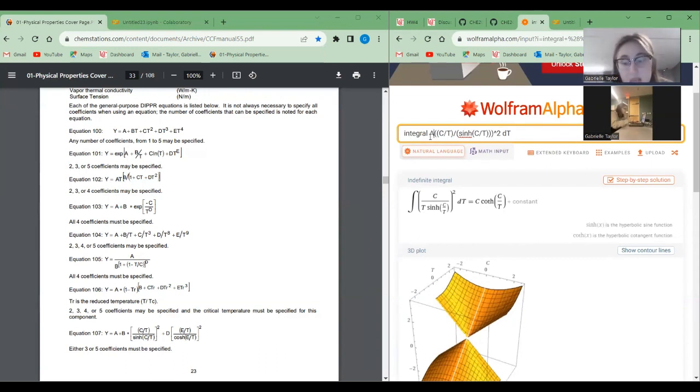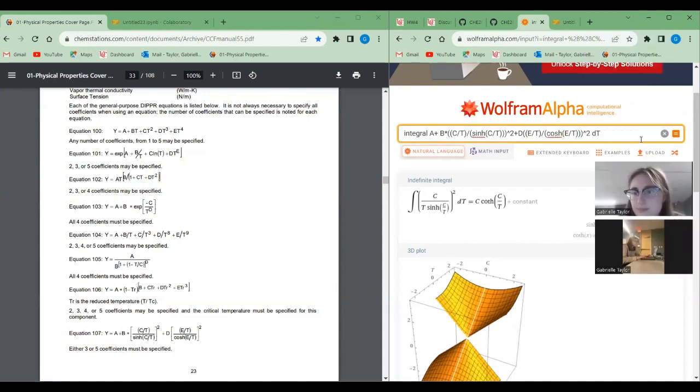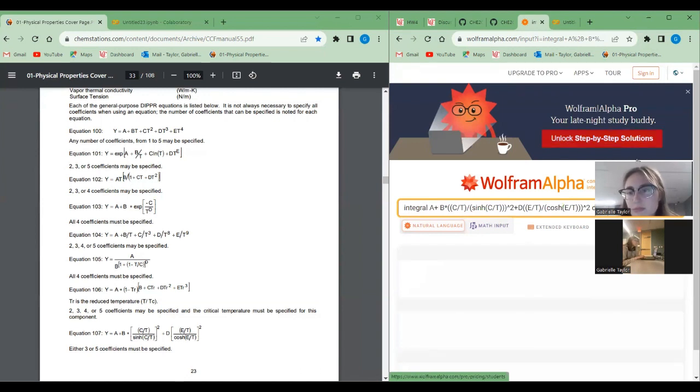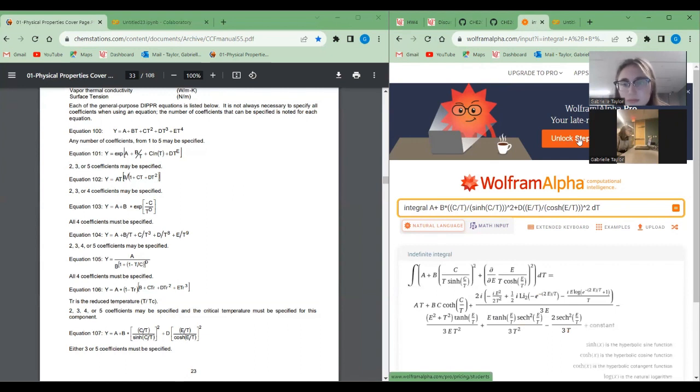E times is going to be cosine of E, and then partial.